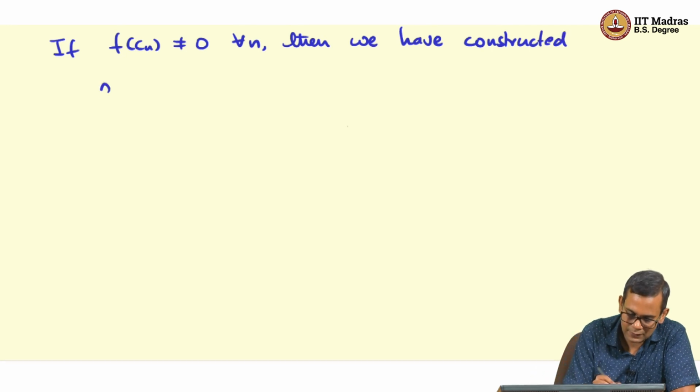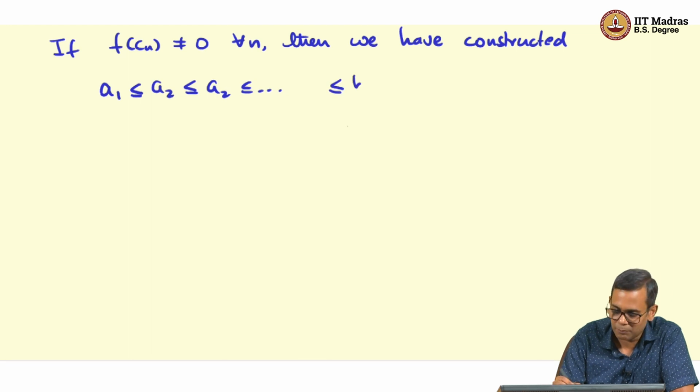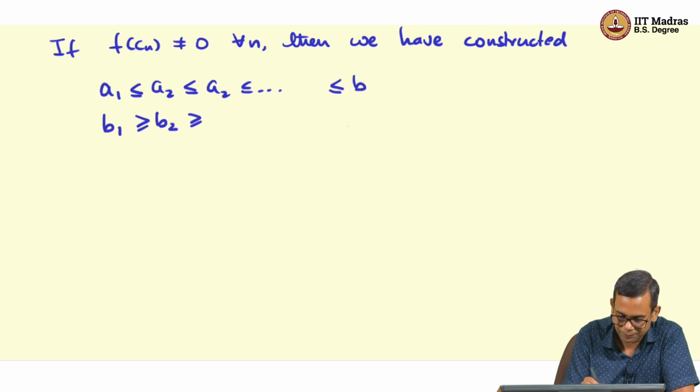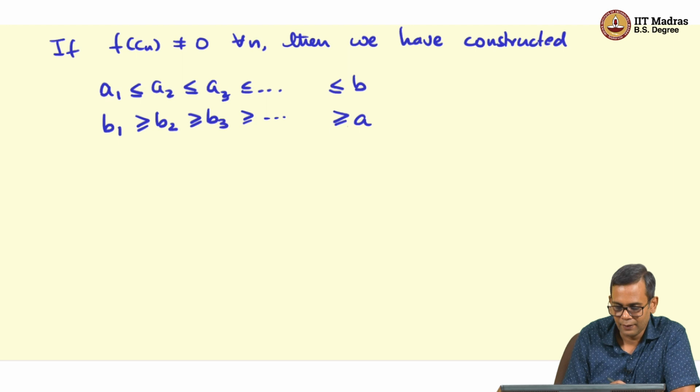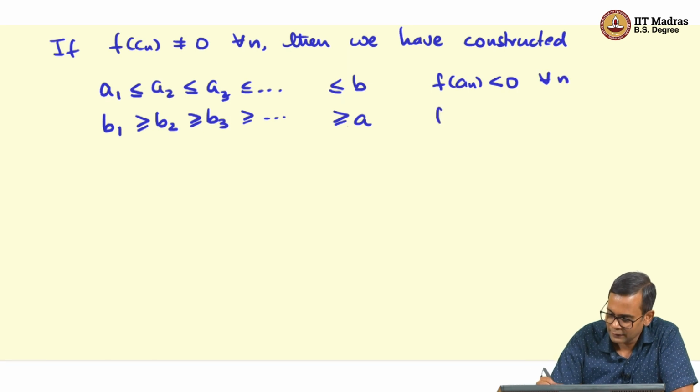The first sequence is A n, an increasing sequence, A 1 less than or equal to A 2 less than or equal to A 3, and this sequence of course is bounded above by B, and another sequence B n, which is now a decreasing sequence, and this is bounded below by A. And what we know is that f of A n is less than 0 for all n, f of B n is greater than 0 for all n.